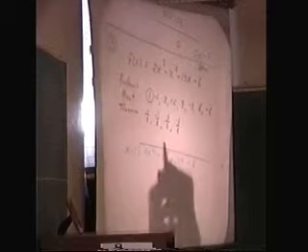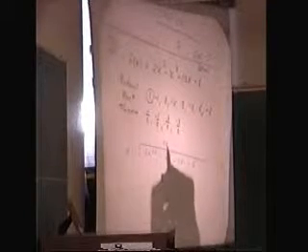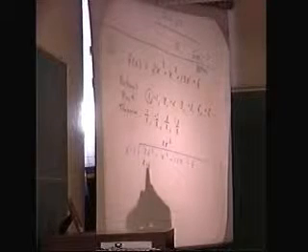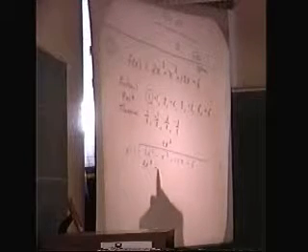What should I start with? 2x squared. Gives me 2x cubed minus 2x squared. Be sure you change the signs.